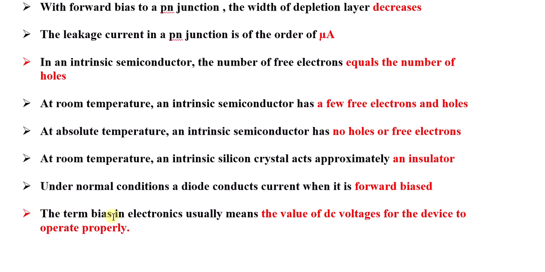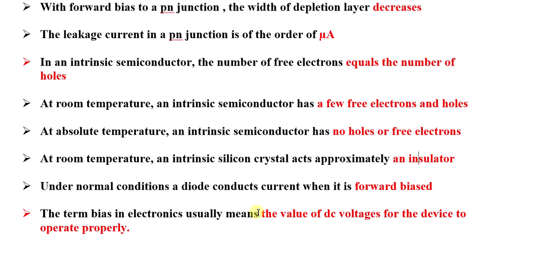The next is the term bias in electronics. Bias means applying voltage, so it can be forward bias or reverse bias. The term bias in electronics usually means the value of DC voltages for the device to operate properly.